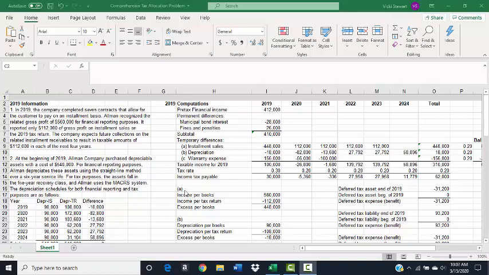So one thing that is important when we're dealing with originating and reversing differences for deferred taxes is that we have a schedule of these.